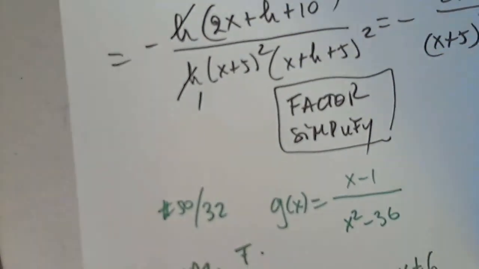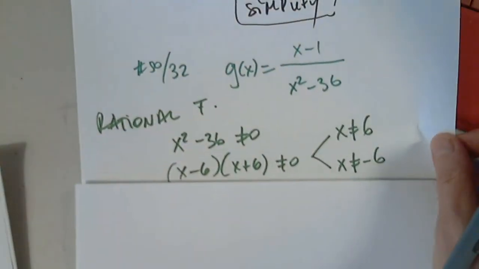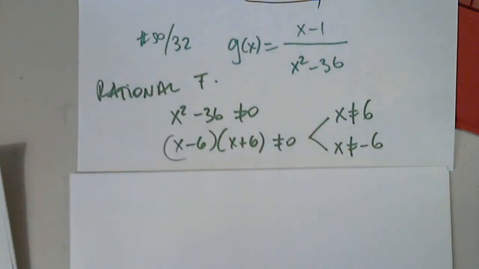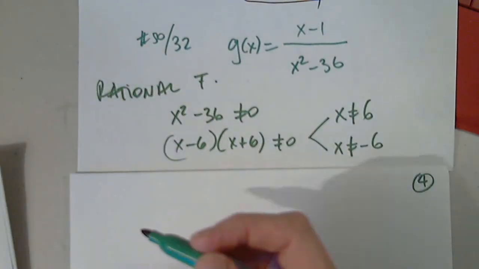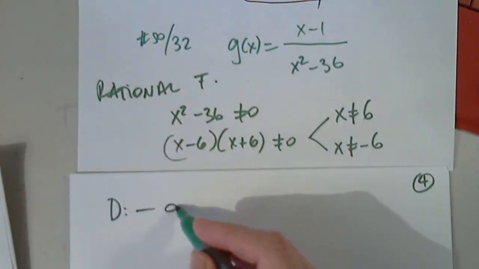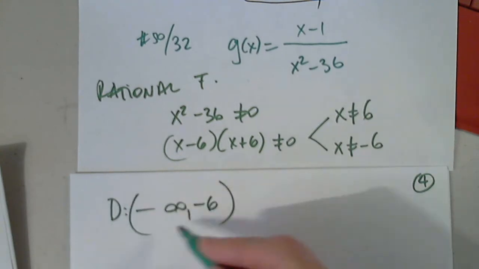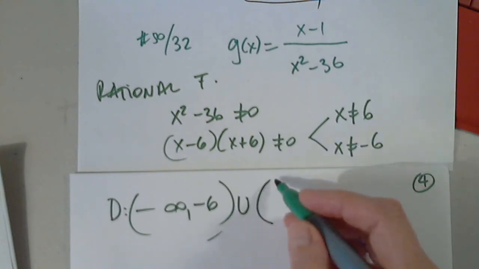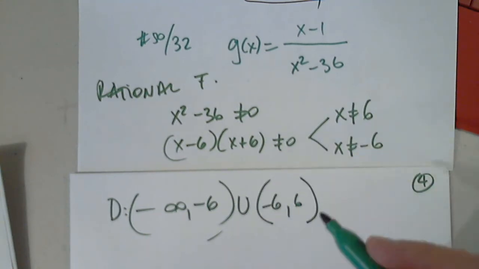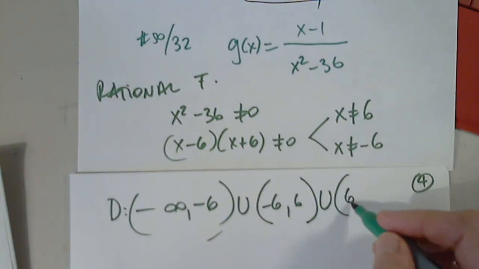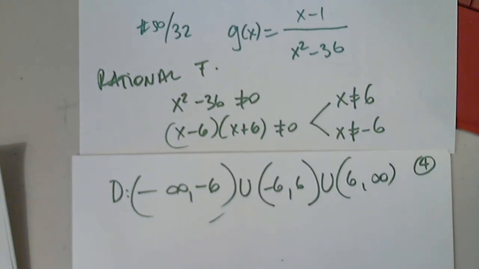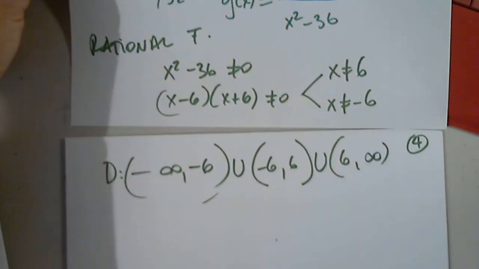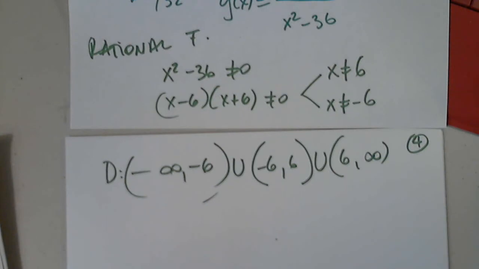In interval notation, the domain will be written as negative infinity to negative 6, without negative 6, union negative 6 to 6, without 6, union 6 to infinity. In plain English, everything but 6 or negative 6. Okay, so that's how we write the domain of that.